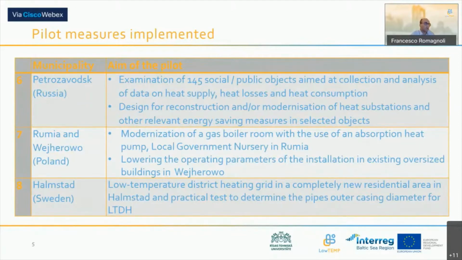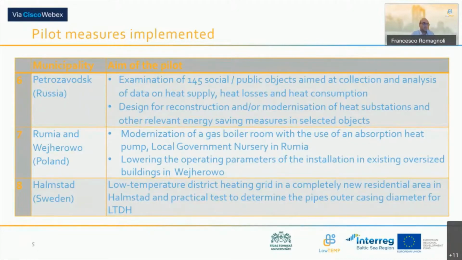In Poland, we had 2 really good pilot measures. One related to the modernization of a gas boiler in Rumia, and the second about the installation of a novel system for potentially lowering the operating temperature parameters.